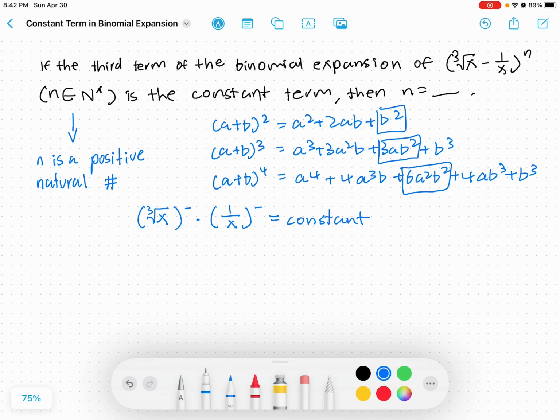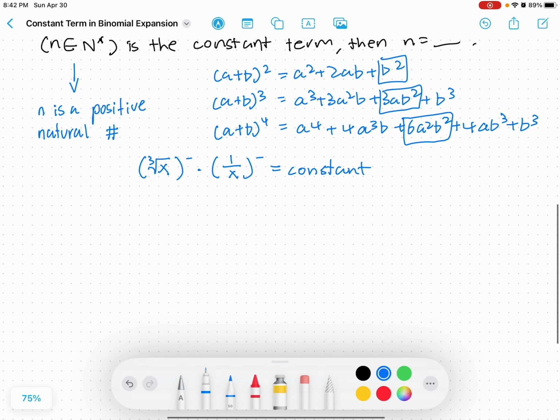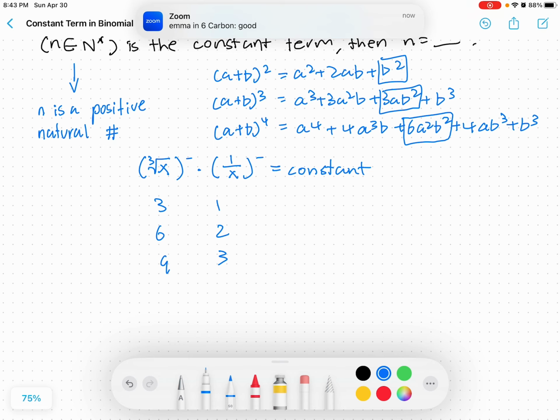Now, we have to find what each specific power is. Well, let's first list some examples. 3, 1, 6, 2, 9, 3. I will explain what each of these numbers corresponds to. 3, 6, 9 are each powers of cube root of x.